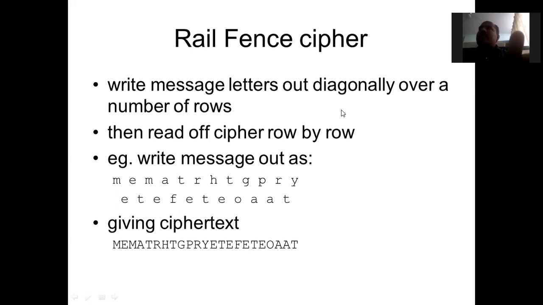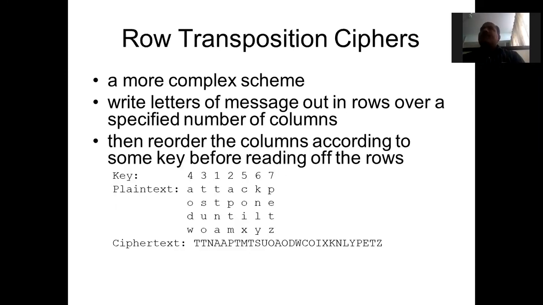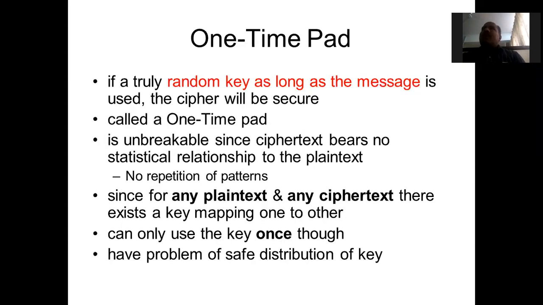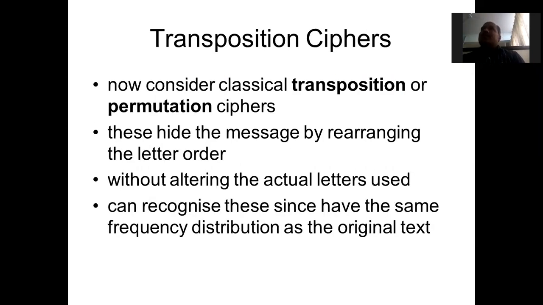Just a review of what we covered in the previous lecture. I gave the difference between the substitution ciphers and the transposition ciphers. In the substitution cipher, we replace the plain text characters with cipher text characters.